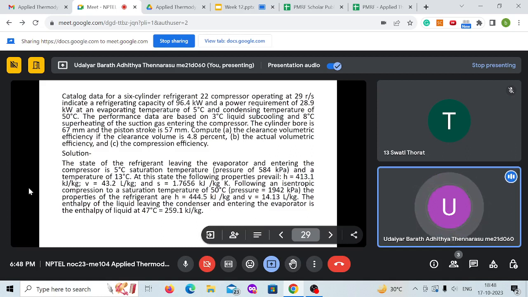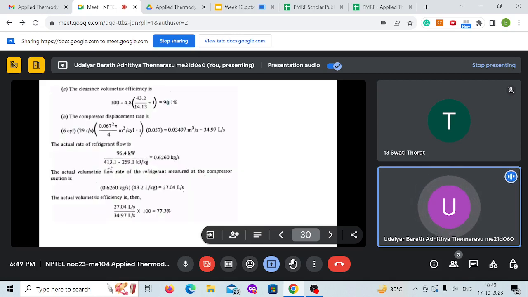After that, if you follow an isentropic process until you reach 50 degrees Celsius, the pressure is 1942 kilopascal, corresponding to 50 degrees Celsius. The property of refrigerant will be H is 444.5 and the corresponding specific volume. The enthalpy of liquid leaving the condenser and entering the evaporator is also known, assuming 3 degrees liquid subcooling. At 47 degrees Celsius, the enthalpy is 259.1. So we know all the enthalpies and specific volumes at each point.